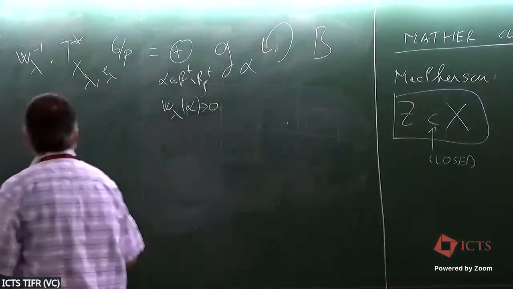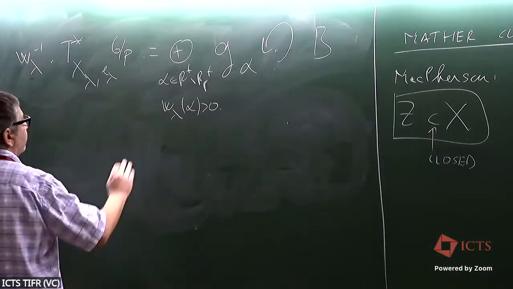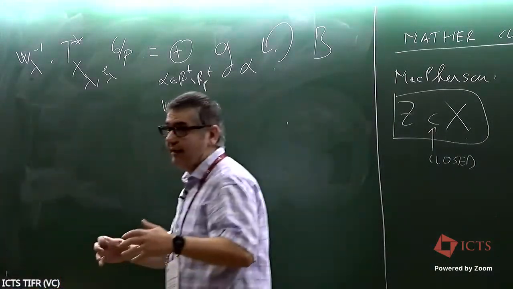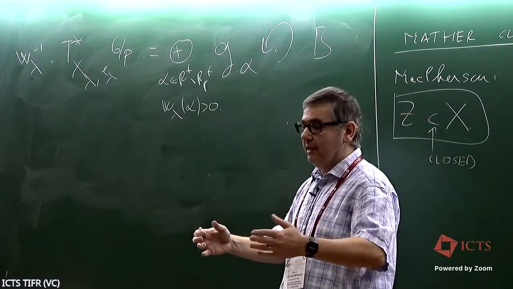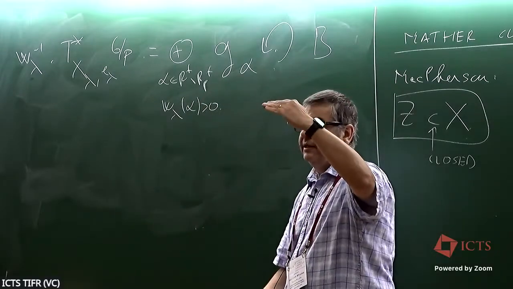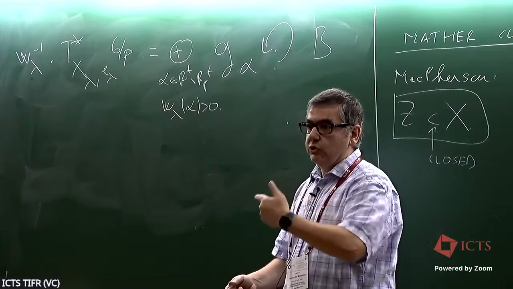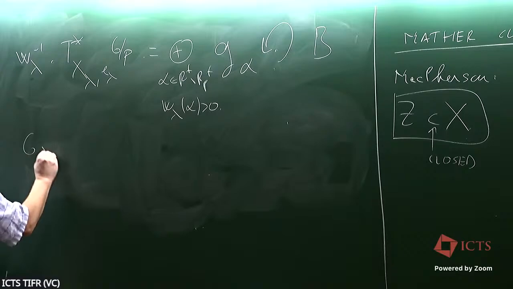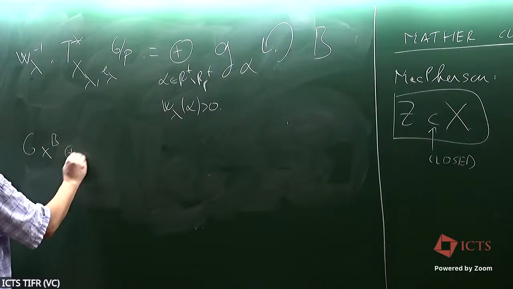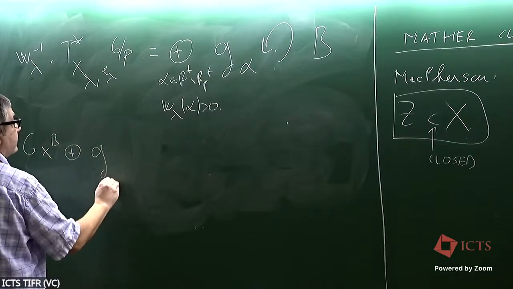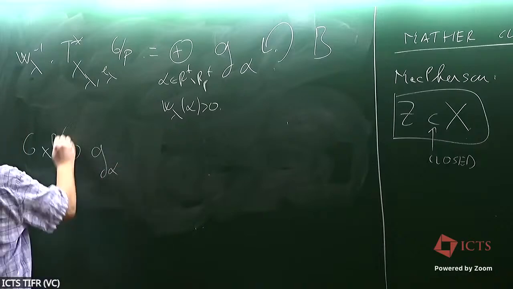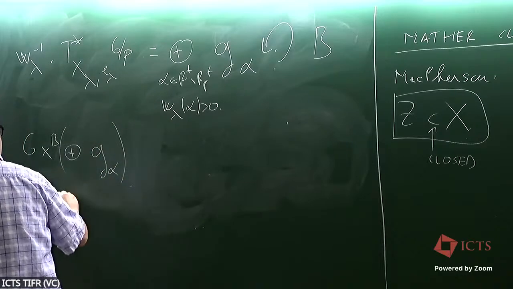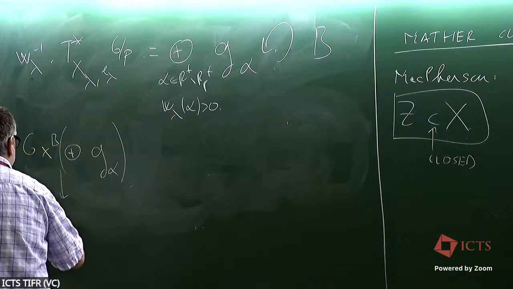So why is this useful? Well, once this is a B-module, we know from geometry that you can construct homogeneous bundles using these B-modules. So we can construct in this case something like this. It's this space here, right, which lives over G/B.